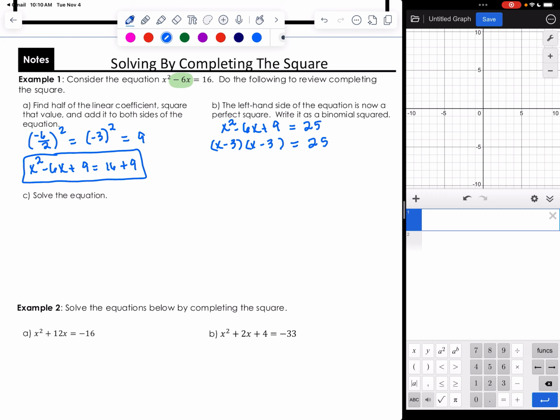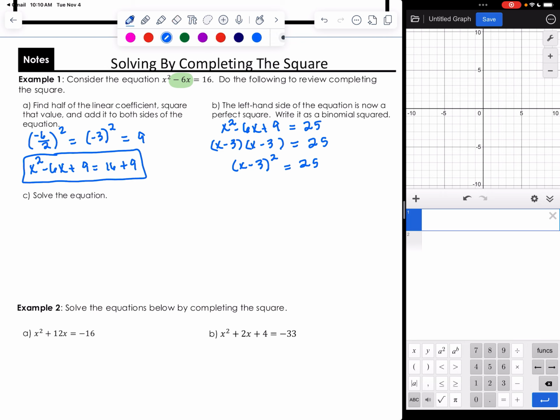Now, we can write x minus 3 as a binomial squared. So this would be the same thing as x minus 3 squared equals 25. Now, once we have it written in this form, we can solve this using our square root property.